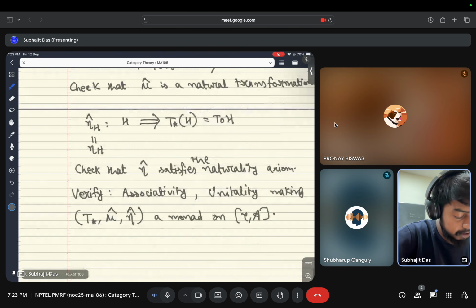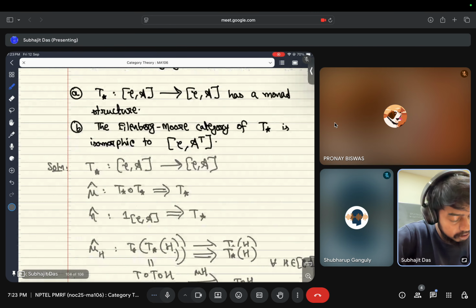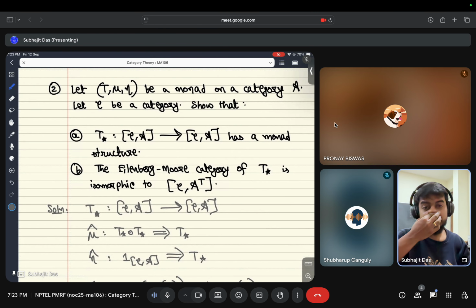Yeah, so let's start with B. So the Eilenberg-Moore category of T lower star, which is in fact this one is more interesting. So T lower star has been shown to have a monad structure. We can formulate its Eilenberg-Moore category of T star algebras.